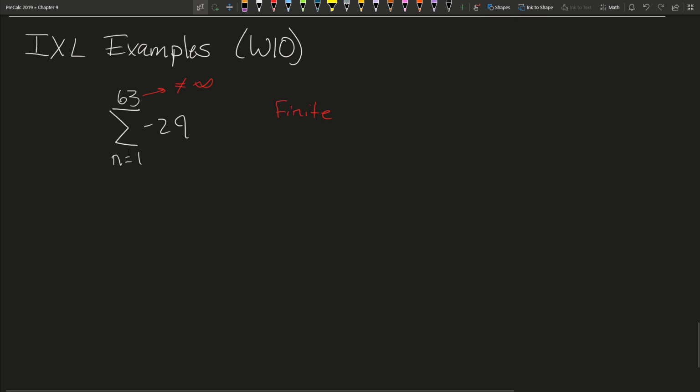So we have to take everything from 1 to 63, which just means there's 63 terms. Questions about that example?